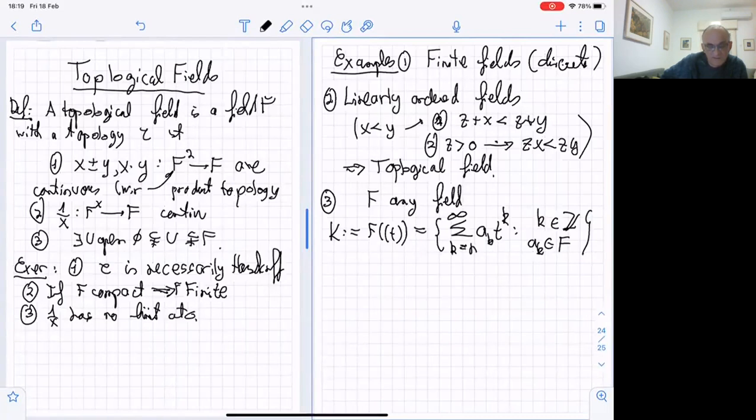Yes. So you say that all these facts are true, right? In a topological field. Yes. So I don't get why a compact set should be finite. No, if the field is itself compact. If F, the field, F is the field, not just any set. Right. I'm not claiming that there are no compact subsets. Of course. Okay.